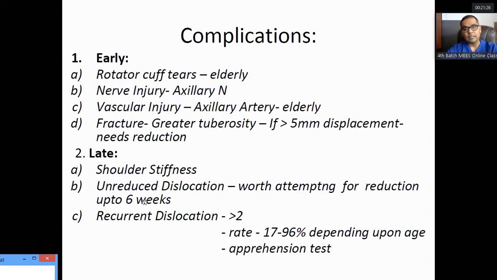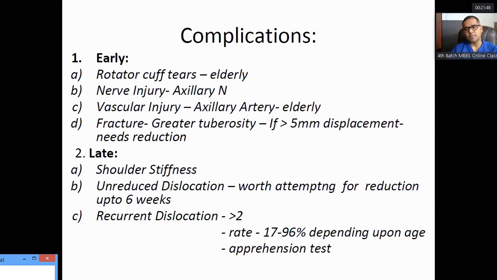But in this unreduced dislocation, we have to make sure of adequate analgesia and anesthesia, and we have to reduce only in the operation theater, because the bone is already weak due to 6 weeks of immobilization. So there might be iatrogenic fracture of the proximal humerus.